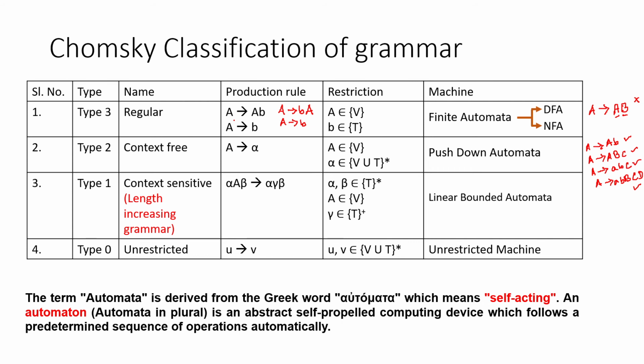Sorry. In the previous two cases, there was exactly one non-terminal and no terminal, right? But in the third case, what we have seen is that there will be exactly one non-terminal, but other than this non-terminal, I may have some terminal also, which is represented by this alpha and beta, and which may also not be there.